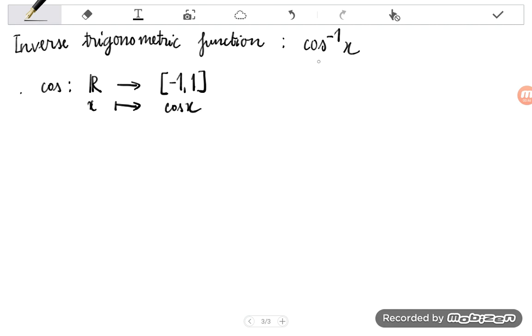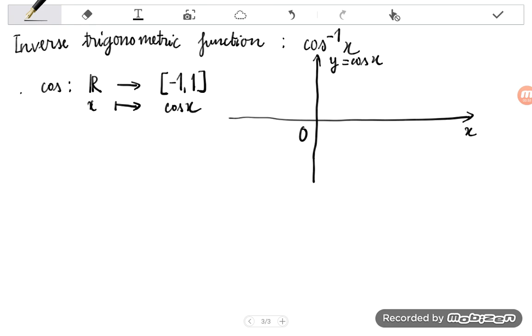You can see the graph of y equals cosine x. When x equals 0, the cosine has value 1. When x equals pi over 2, the cosine has value 0.